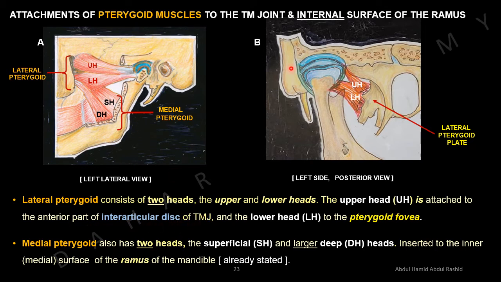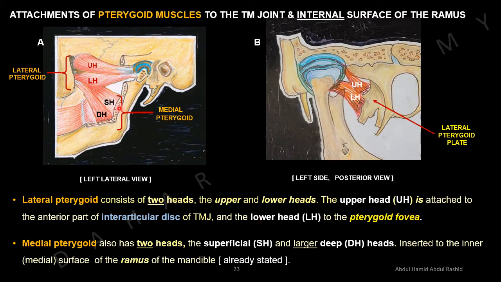You can see here, in both, the upper head is attached to the interarticular disc. And the lower head is attached to the pterygoid fovea, which is a little area in front of the neck of this condyloid process. So this is the lower head attached to the pterygoid fovea.